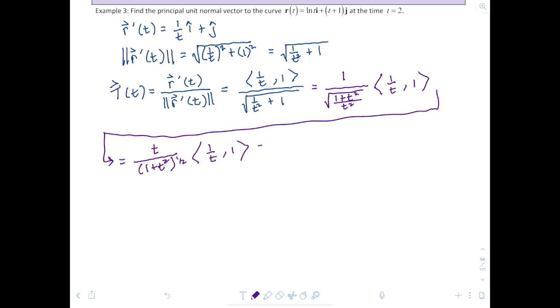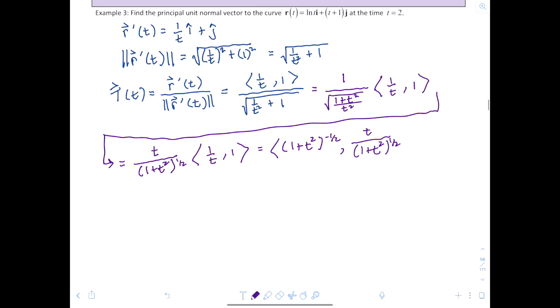And then if I bring that in, t times 1 over t, I'll end up with (1 plus t squared) to the negative 1/2. And then over here, I'll end up with t over (1 plus t squared) to the 1/2.